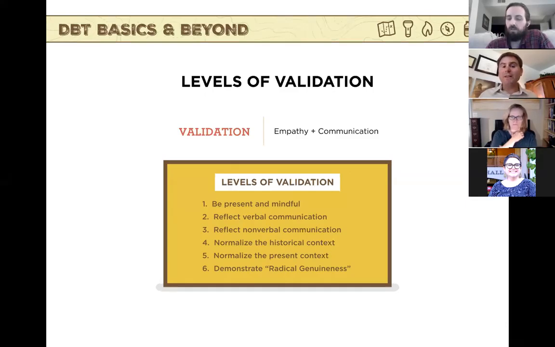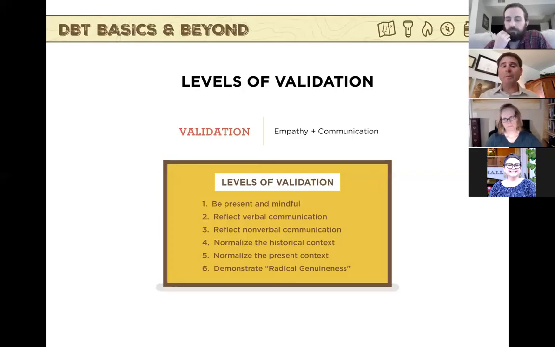Sometimes the most validating thing we can do for a client is simply be present and mindful, right? I've had entire sessions, especially if we were processing the recent death of a loved one, in which I hardly said anything. And I certainly was not providing any clinical interventions besides being present and mindful. That's what the client needed to be regrounded and recentered, right? So just because that's the one doesn't mean that's inferior to something else. No, it just means it's foundational.